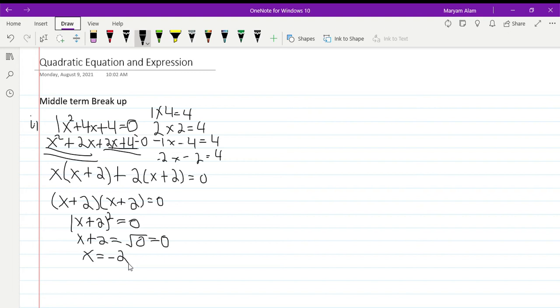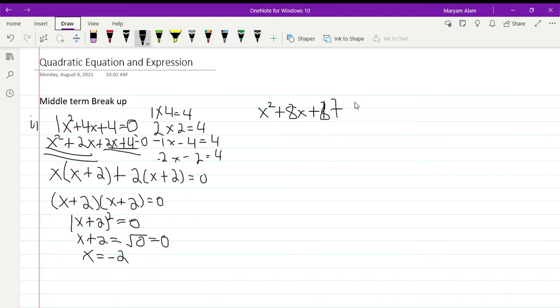So we can solve it through middle term breakup. There are different scenarios for middle term breakup, because here I broke down the middle term into 2 and 2, both numbers positive. For example, if I take x squared plus 8x plus 7, here 8x is greater than 7.